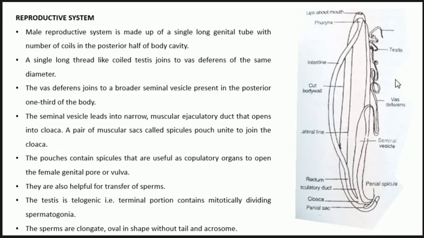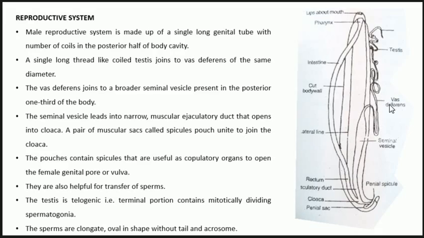Vasa deferens then further joins to a broader seminal vesicle. As you can see, the diameter of the tube increases. This makes the difference: this particular part is the vasa deferens, and after this you have the seminal vesicle, which is somewhat broader as compared to the vasa deferens.